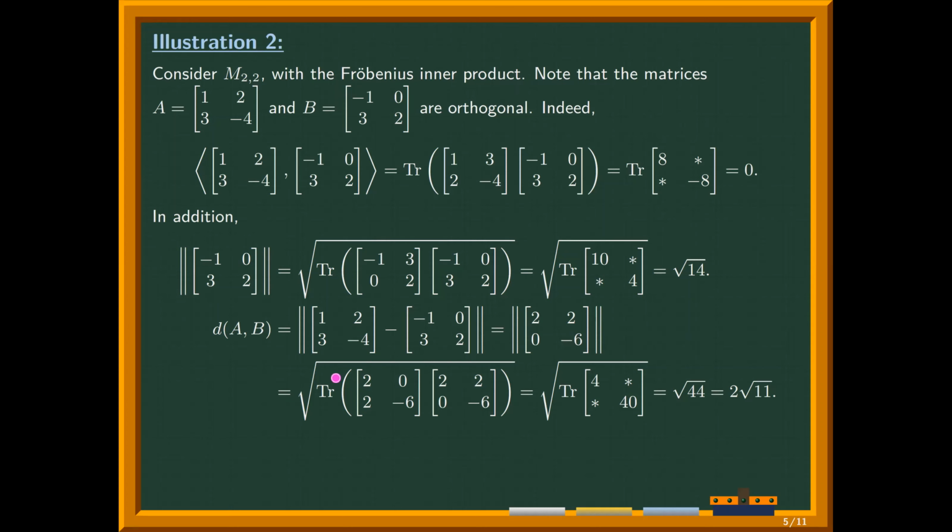So we take the square root of the trace of the transpose of this matrix multiplied by this matrix. In the radicand, you just need the trace: 2 times 2 plus 0 times 0, that's 4. 2 times 2 plus -6 times -6, that's 40. So the trace of this matrix is 44. So the distance between A and B is the square root of 44.